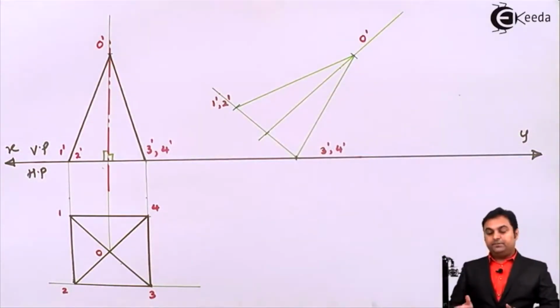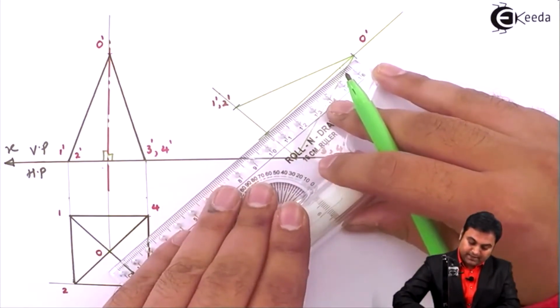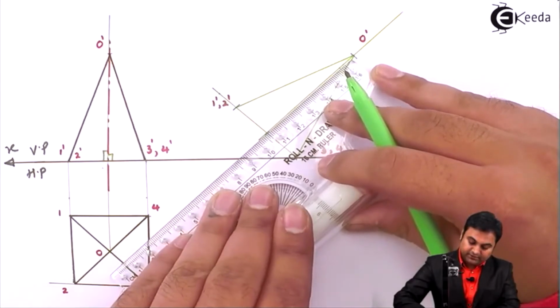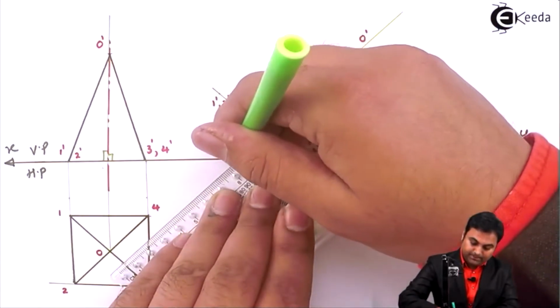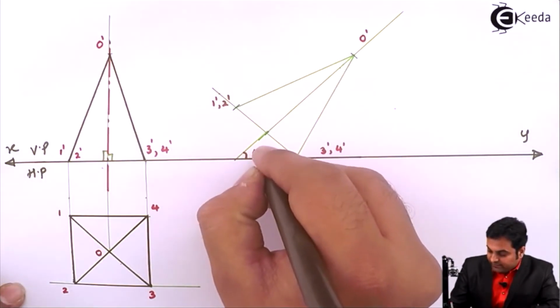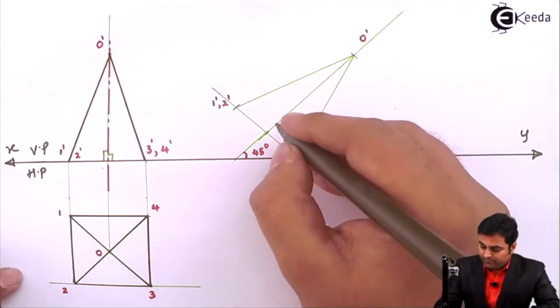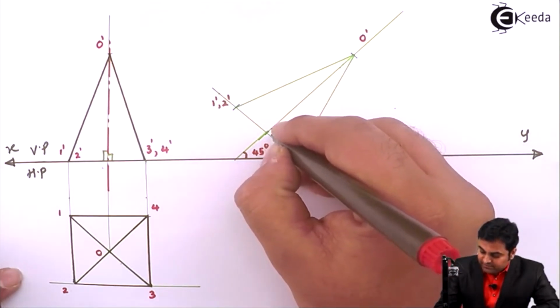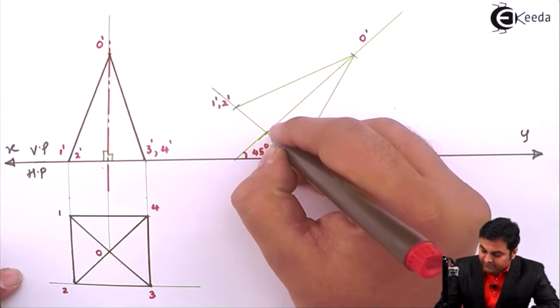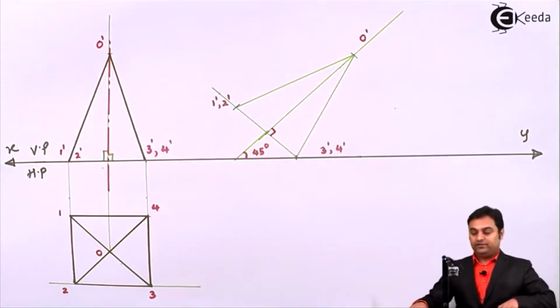So this is the tilted pyramid in which the axis is inclined at 45 degree given. So when the axis is inclined at 45 degree, even the base is inclined at 45 degree, because axis and base, they are 90 degree to each other. So the remaining angle is 45 degree.